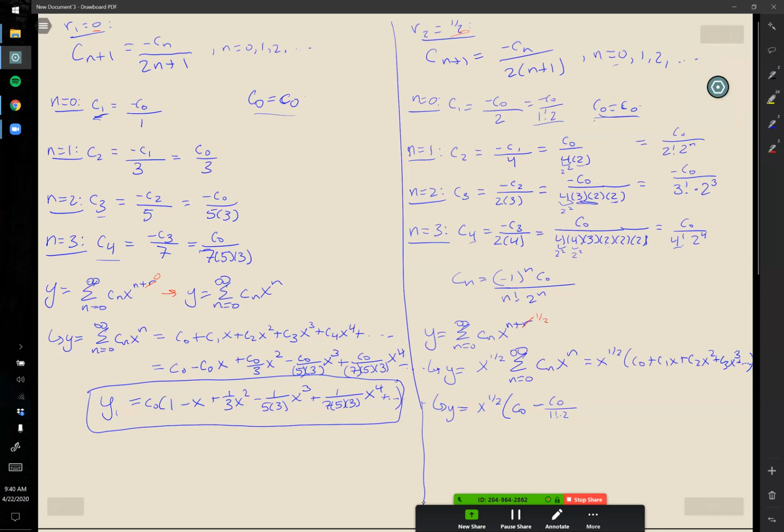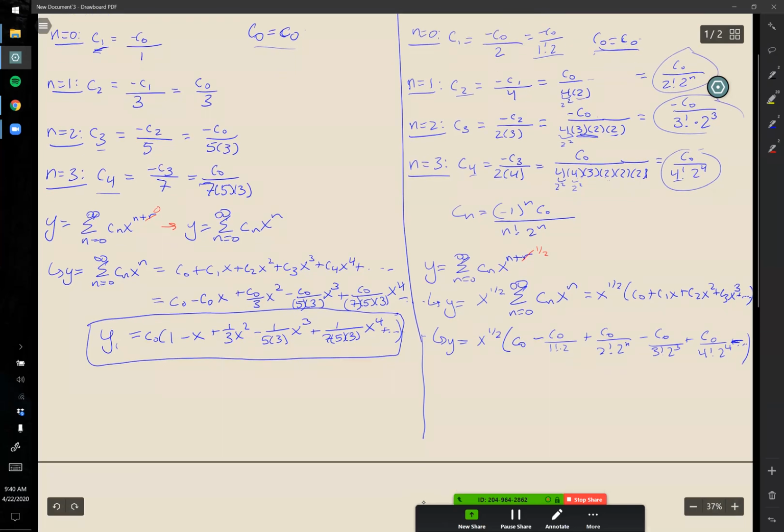The next one was right here, C2, so plus C0 over 2 factorial 2 squared, minus C0, just going down the line here, over 3 factorial 2 cubed, plus C naught over 4 factorial 2 to the 4. Actually, it would be minus, but whatever. So we can kind of see the pattern here.